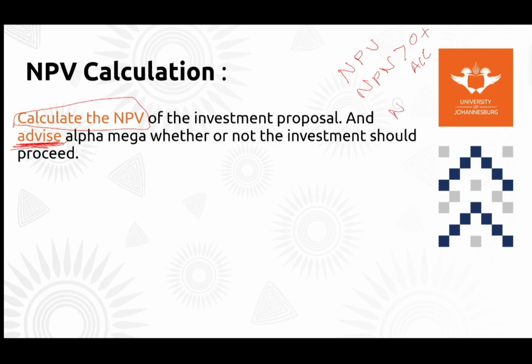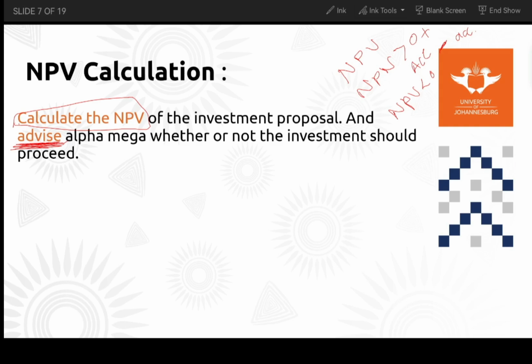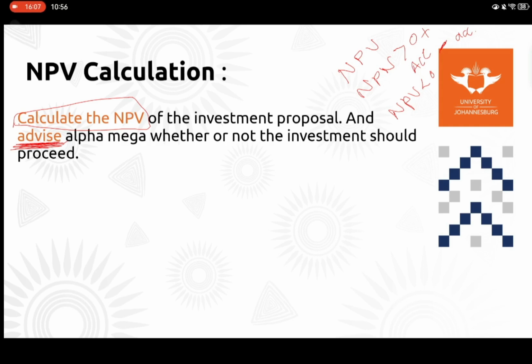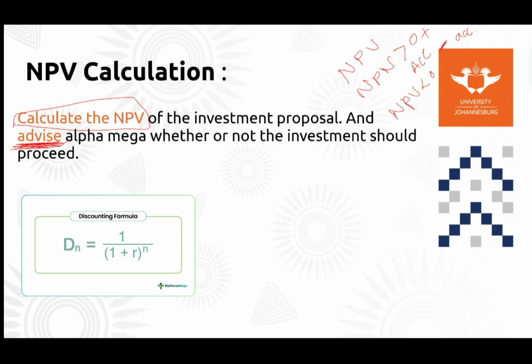If the NPV is lower than 0, then it means it's negative and it won't be accepted, right? So that would be the advice that you would give after you've done your calculation: is your NPV positive or is it negative? And as such, you would tell them, hey, you can invest or not, right? We're going to be looking at the discounting formula when we are calculating this.